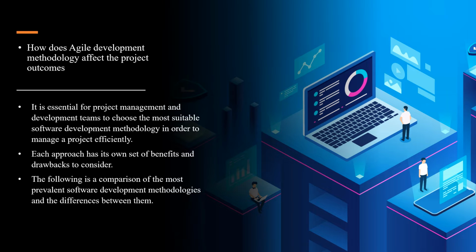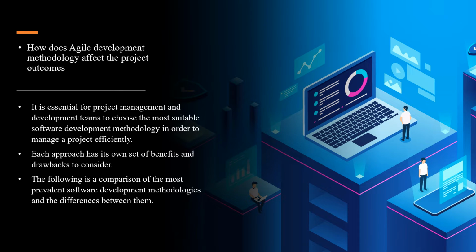How does Agile development methodology affect project outcomes? It is essential for project management and development teams to choose the most suitable software development methodology in order to manage a project efficiently.